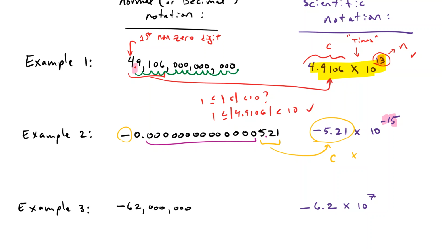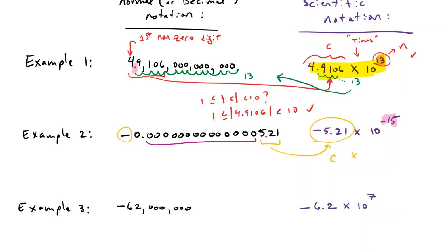So there are 13 of those. So over to the right, if you took this decimal and you went 13 places, you would get the number on the left. So the 13, the n, the exponent on the 10, really tells you where the decimal really should be.